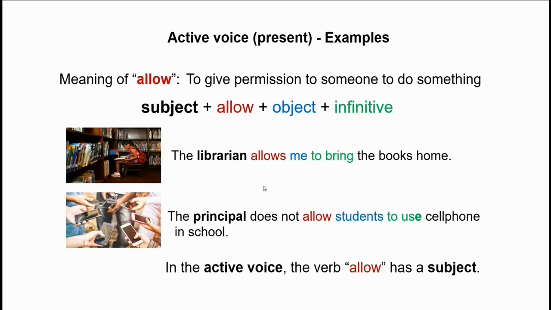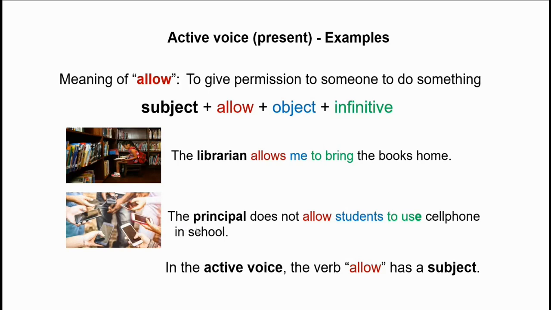So therefore, in this example, when we use the active voice, we know who is giving permission. In sentence 1, who is allowing me to bring the books home? Well, it's the librarian. Who does not allow us to use cell phones in school?